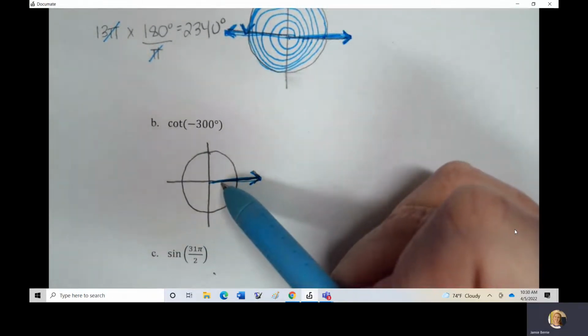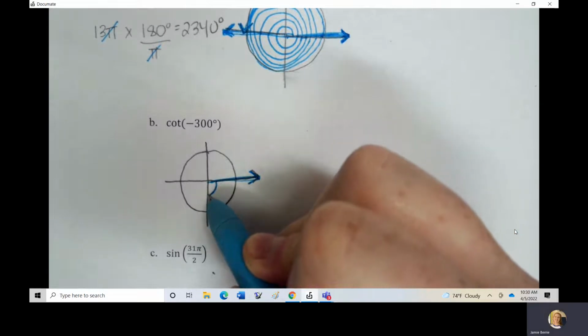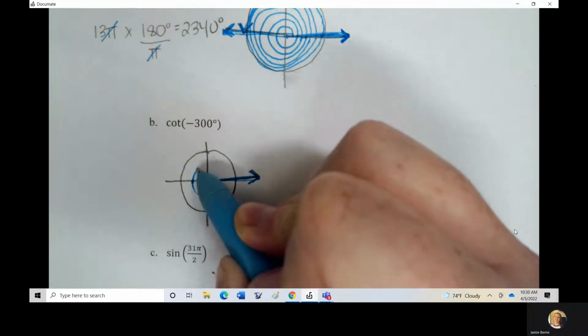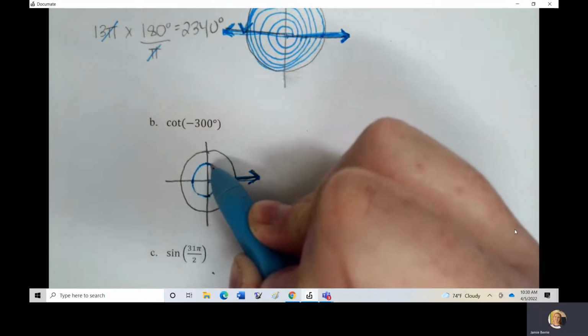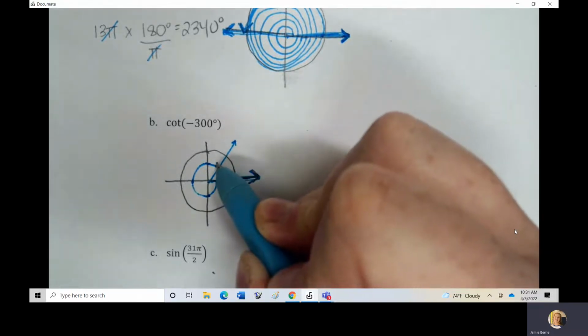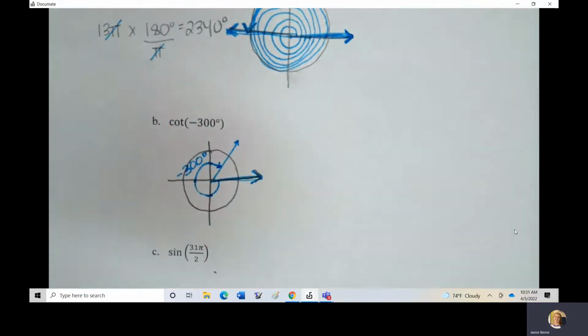We're going to be going clockwise, so this would be -90, -180, -270. I need to go 30 degrees more to get -300. So that's -300 degrees.